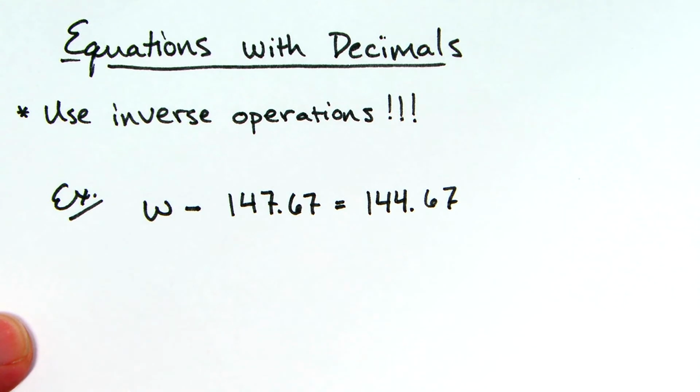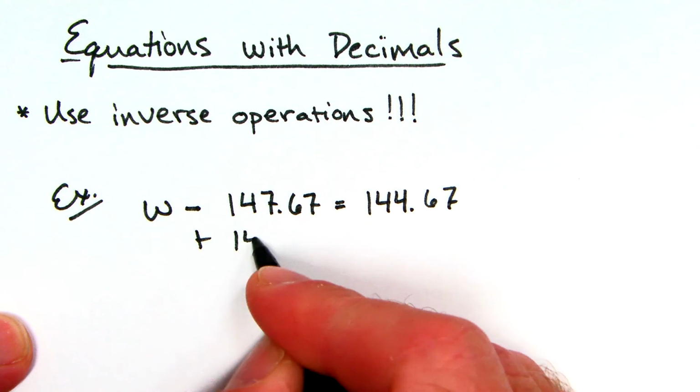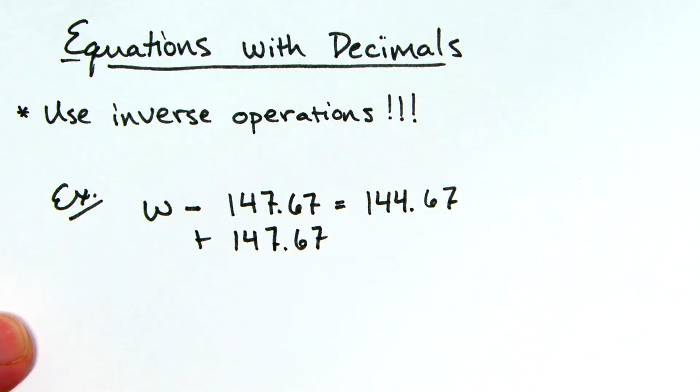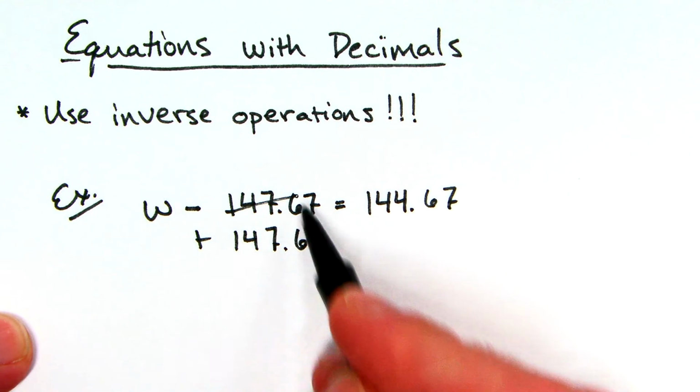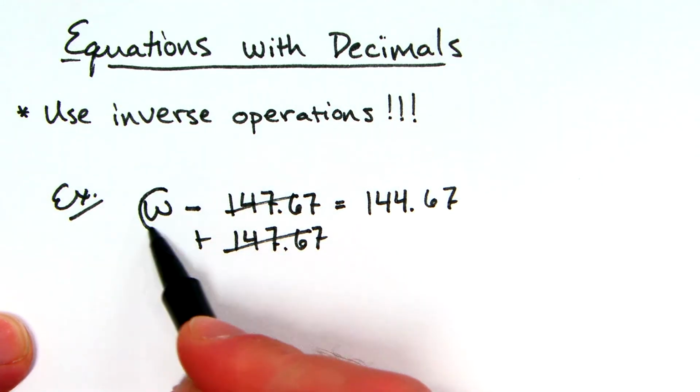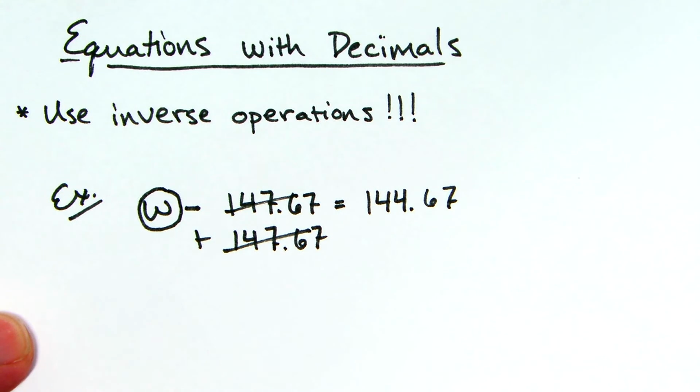Well, we're going to do the inverse of that. If it wants us to subtract, we're going to add 147 and 67 hundredths. And that ends up canceling out these two terms. So therefore, we're only left with the w on this side. That's called isolating the variable.